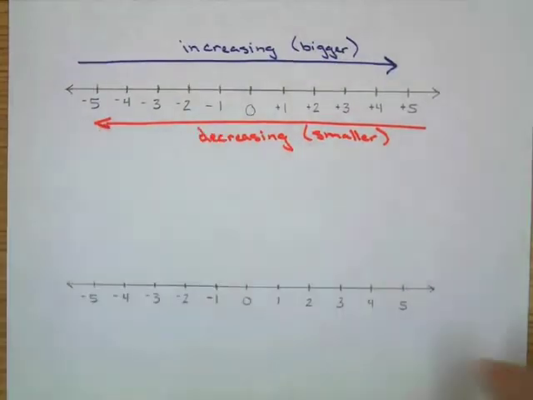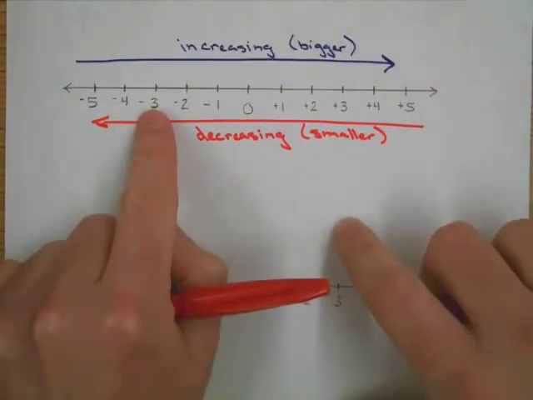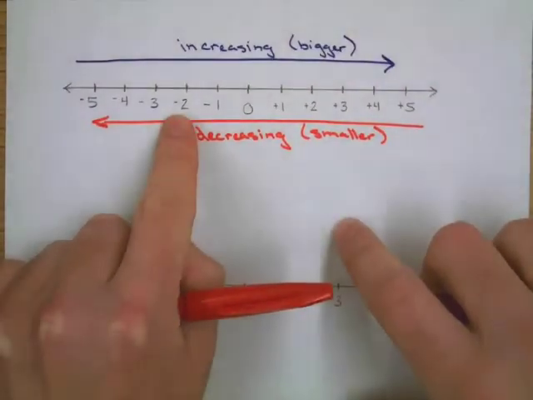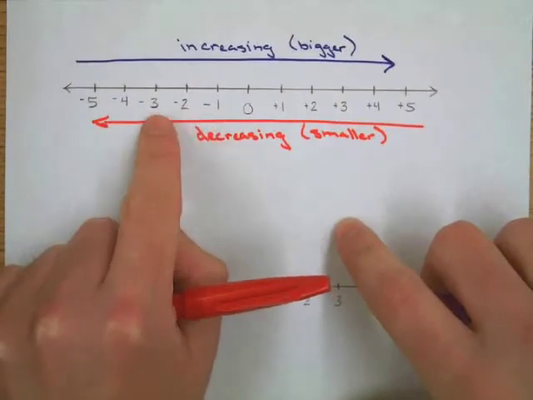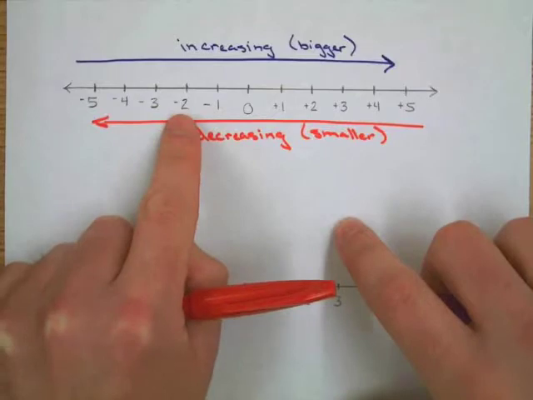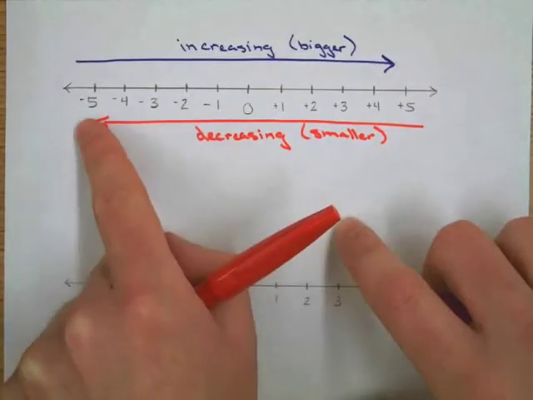The numbers are decreasing. And that can get confusing sometimes because we see a 3 and a 2 here, and we need to think that -3, for example, is less than -2 because it's further to the left on our number line.